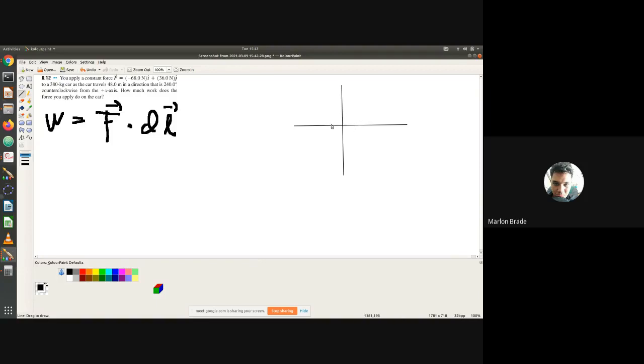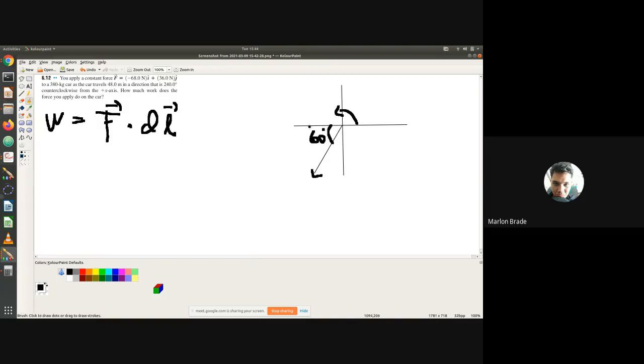So that is 180 plus 60 degrees. This is the displacement vector, and this is 60 degrees. Right? Because it is 180 plus 60 counterclockwise.